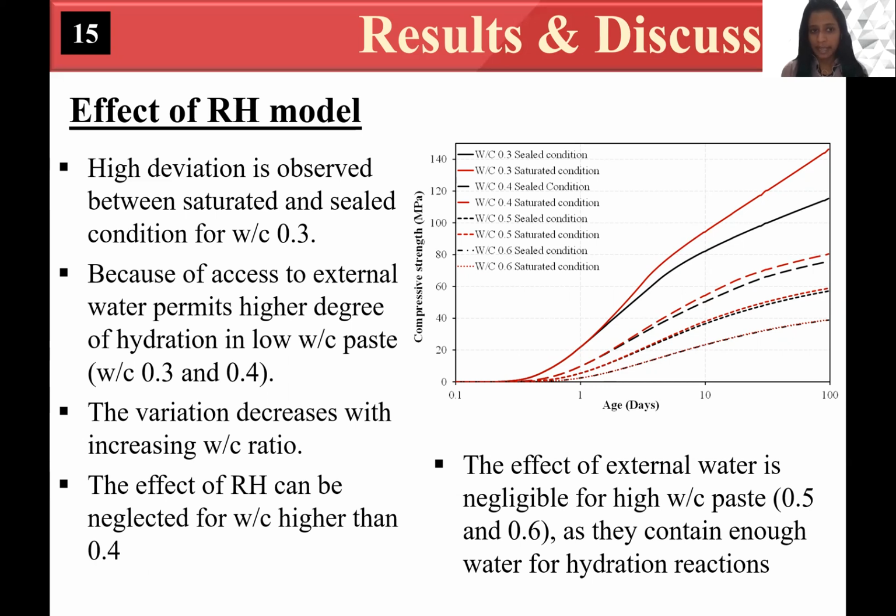This is because access to external water permits a higher degree of hydration in low water cement paste, which means water cement ratio 0.3 and water cement ratio 0.4. The variation decreases with increasing water cement ratio. And also, the effect of RH can be neglected for water cement ratio higher than 0.4, because the effect of external water is negligible for high water cement paste, as they contain enough water for the hydration reaction.